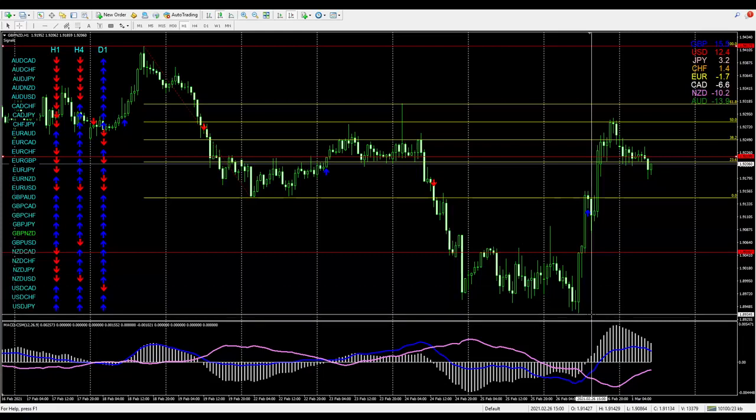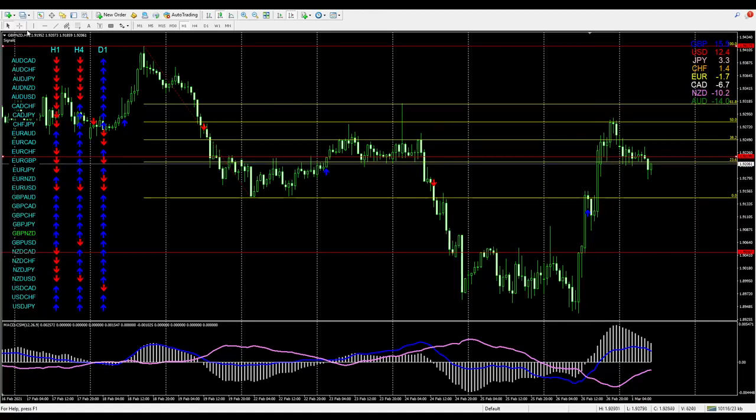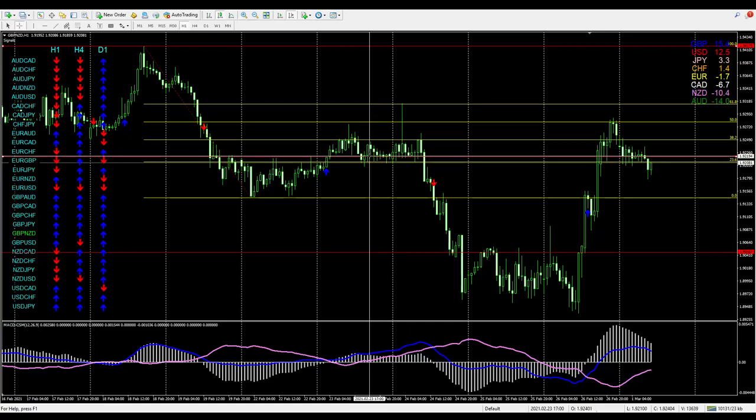GBP NZD became very crazy since last Friday. It is a range of 350 pips, as we can see, because if you hold your trade for GBP NZD, you would only be a bit negative.